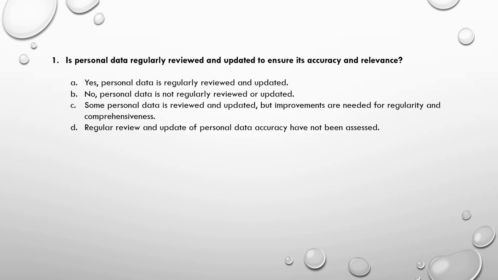So option A says the personal data is regularly reviewed and updated. If your organization status is as per option A, this response implies that there is a consistent, routine process in place for checking and updating personal data. This would generally include removing outdated information, correcting errors, or adding new information as necessary.